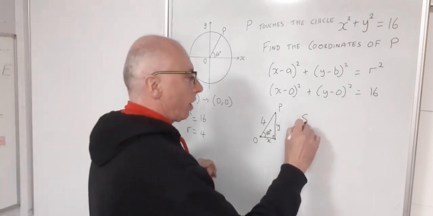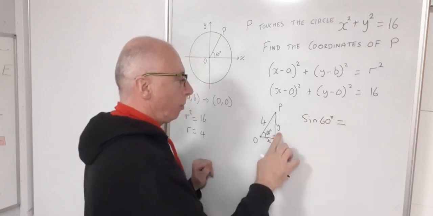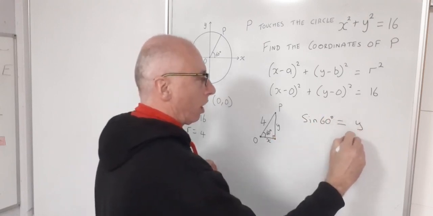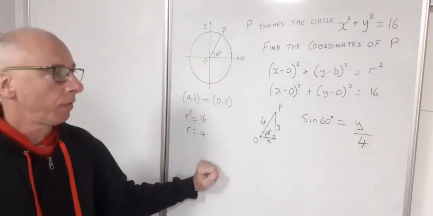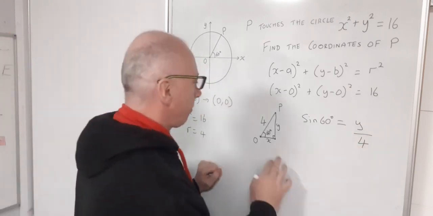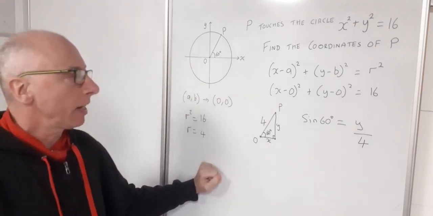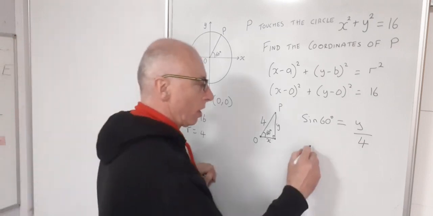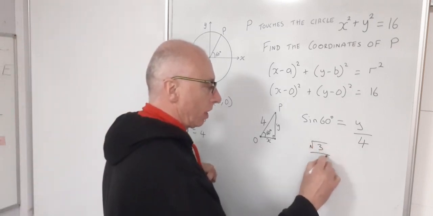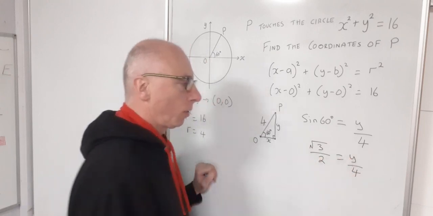So sine of 60 degrees equals opposite over hypotenuse, so that's y over 4. Now sine of 60 degrees, we know what that is: root 3 over 2. So we've got root 3 over 2 equals y over 4.